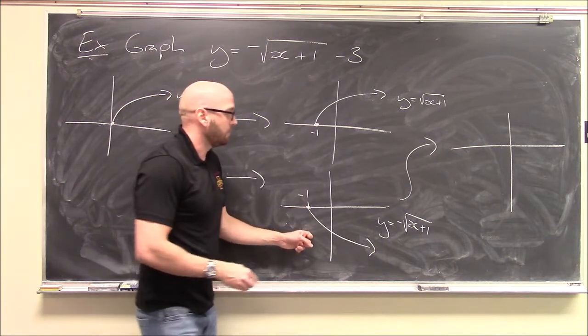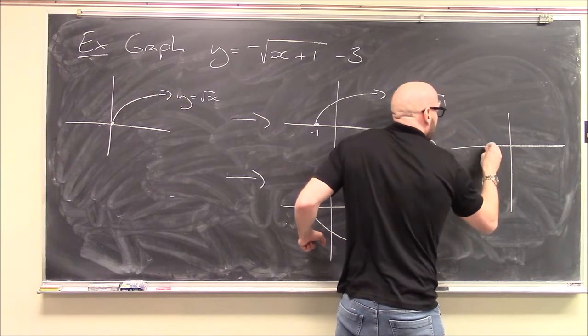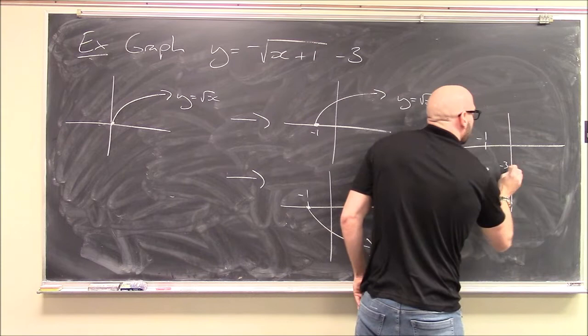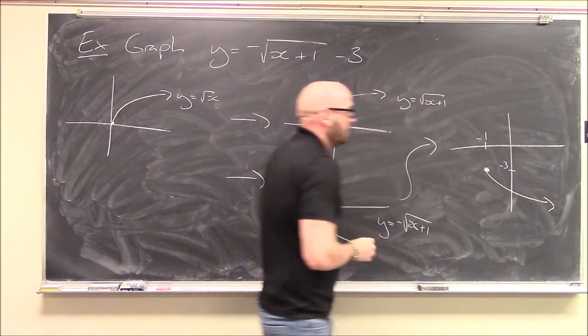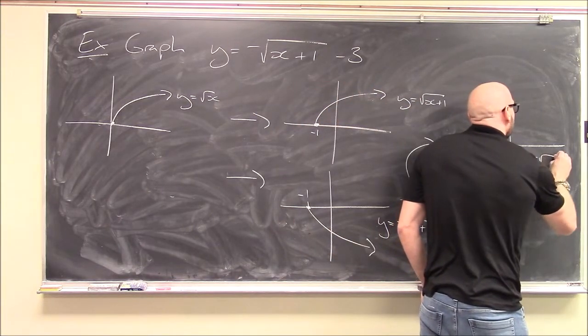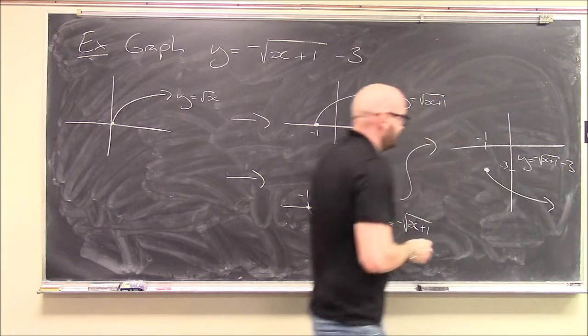We're going to shift it down 3 units. Maybe something like this. All right, so there's minus 1. And here's minus 3, and we've got the exact same picture, but shifted down 3 units. And here's the graph of minus the square root of x plus 1 minus 3.